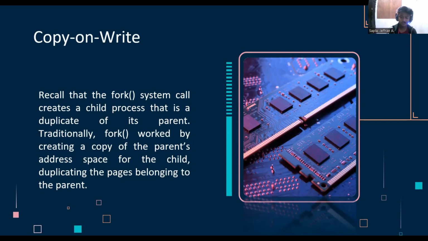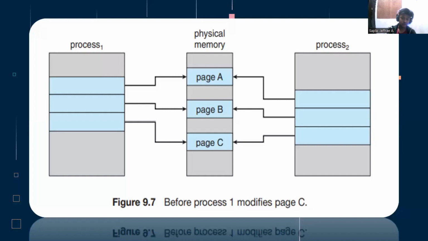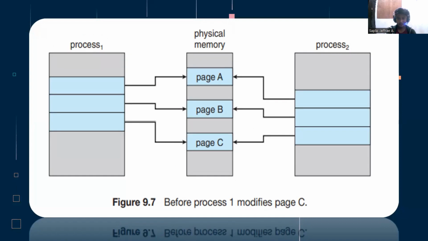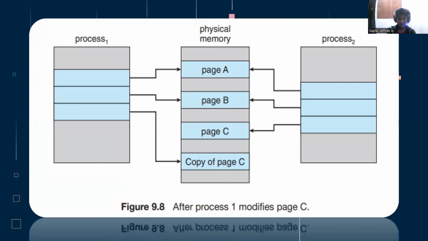Copy on write is illustrated in figures 9.7 and 9.8, which show the contents of the physical memory before and after process 1 modifies page C. So ito po yung figure 9.7 natin, before process 1 modifies page C. And ito naman po yung figure 9.8 natin, which is after process 1 modifies page C. Makikita po natin yung difference nito sa physical memory na nadagdagan po siya ng copy of page C. Kaya naging dalawa po yung page C po natin sa physical memory.